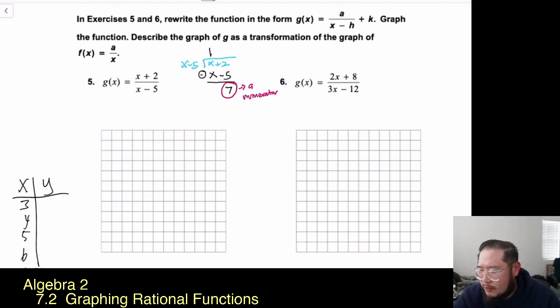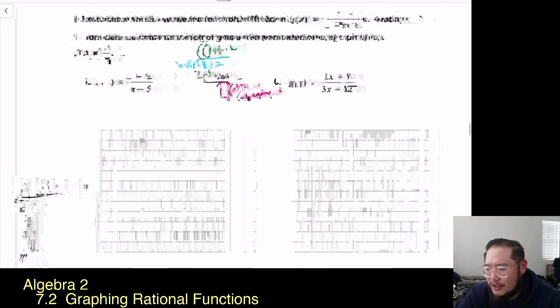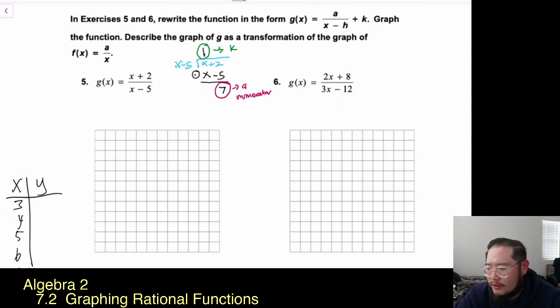That right here is important, and this right here will represent k. Okay, so then what about my denominator? Well, that's easy. It's a no-brainer, because your denominator is not going to change. So right here, I'll write this as f of x is equal to... We said your numerator is your remainder.